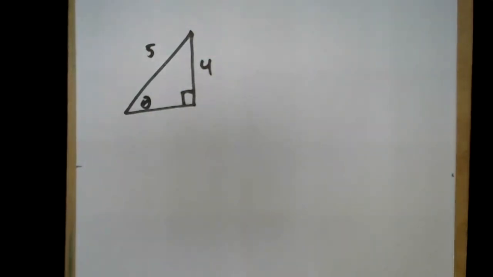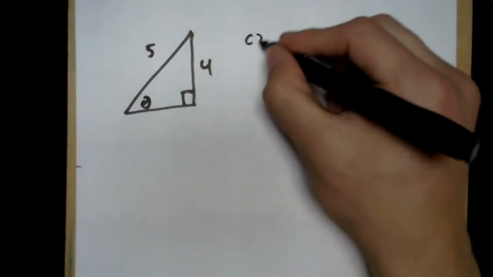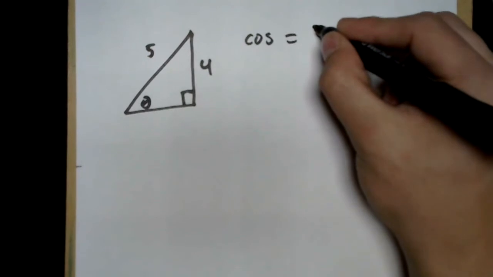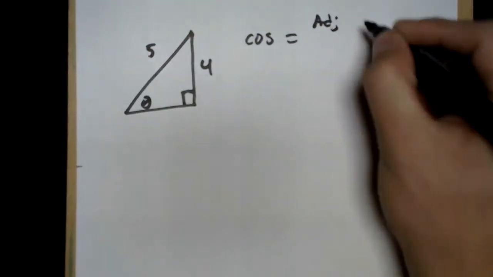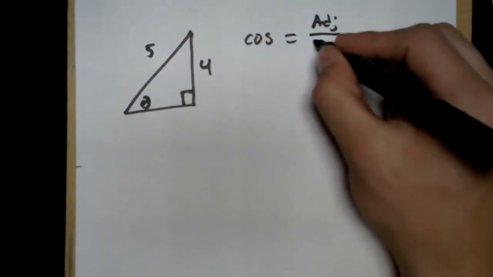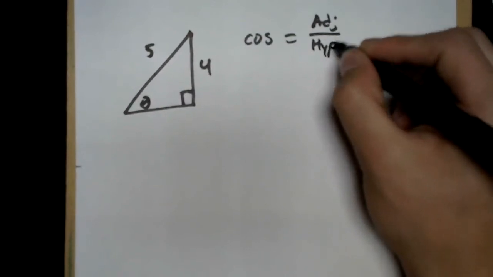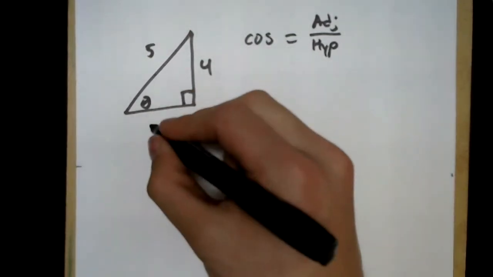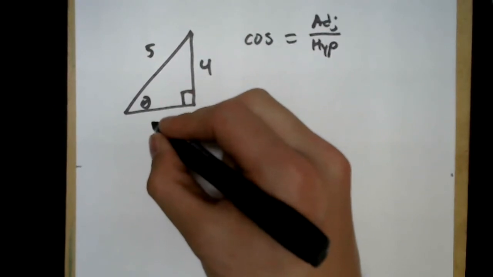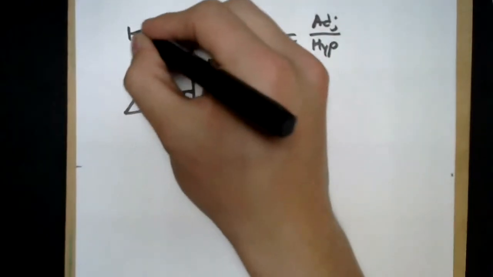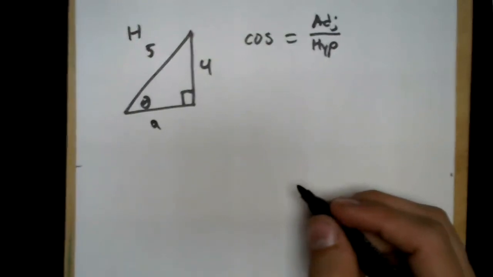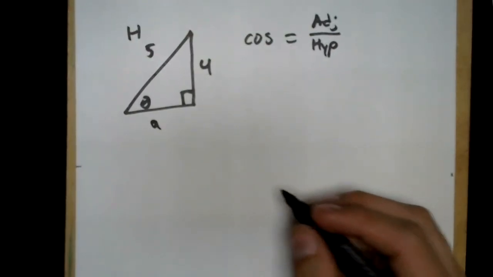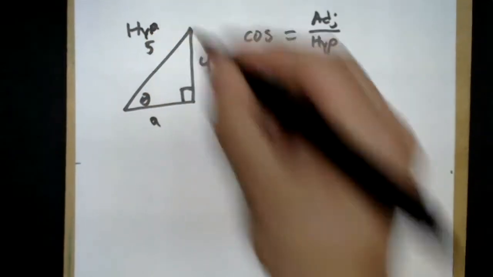If you don't remember what cosine is, it's adjacent over hypotenuse. So your adjacent would be here, which I'll just call A. This will be H, or you can just put hypot.